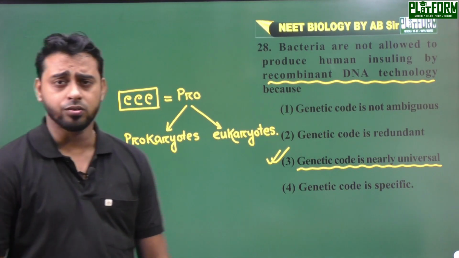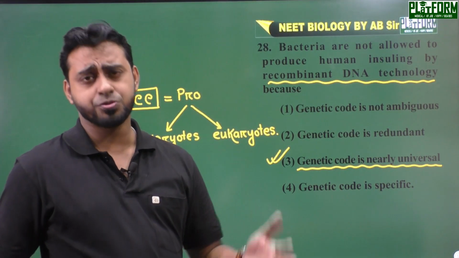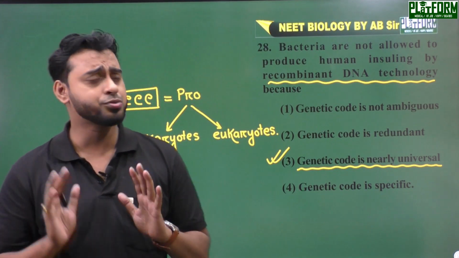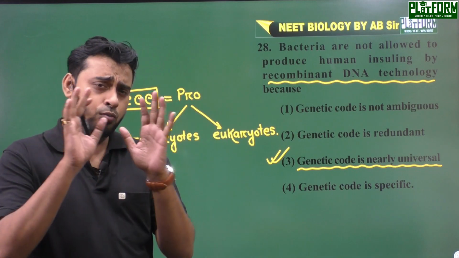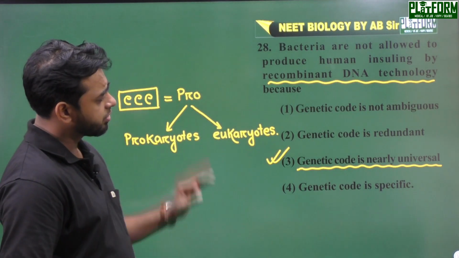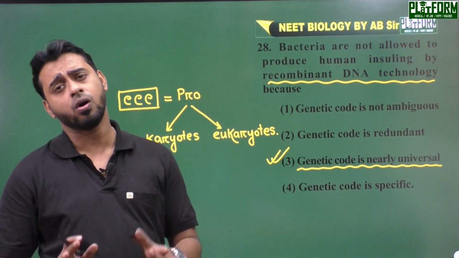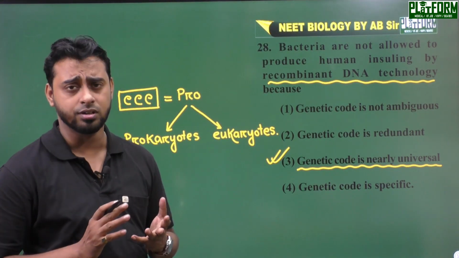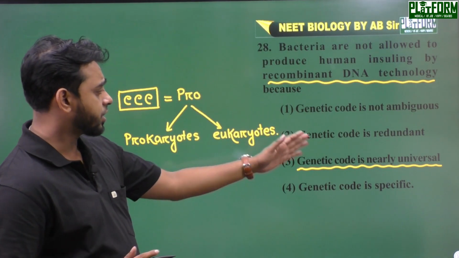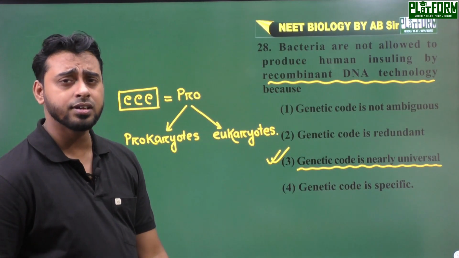Although there are some exceptions in case of mitochondrial DNA, in most of the cases it is observed that the genetic code is nearly universal, or you can say it is universal. So this is the correct answer, that the genetic code is nearly universal in nature.